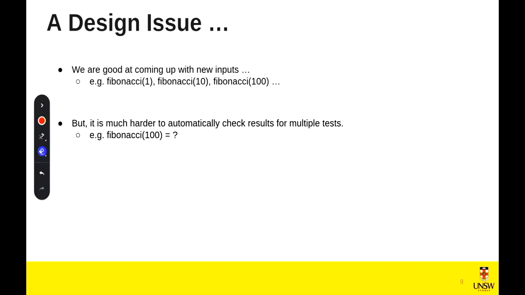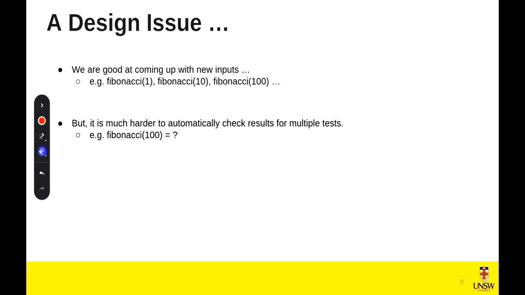For example, if we want to test the correctness of the input 100, we need to know the exact value or the expected output of this function. And this is sometimes tricky in real world cases.